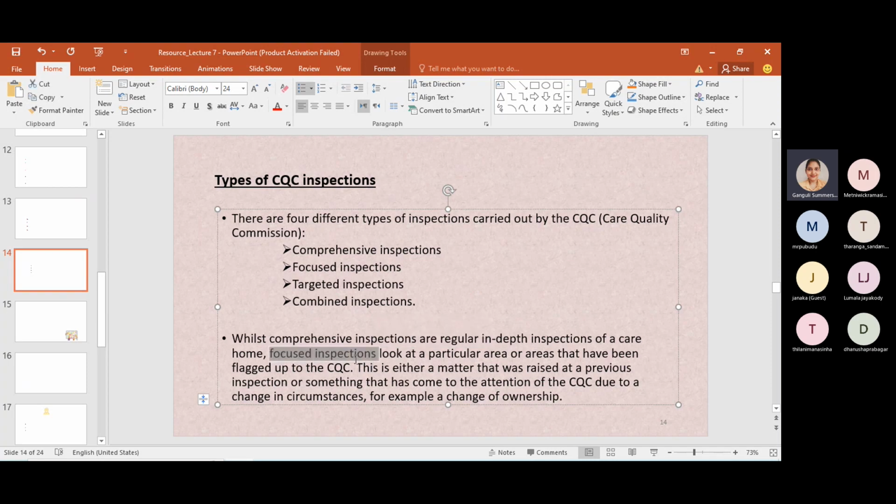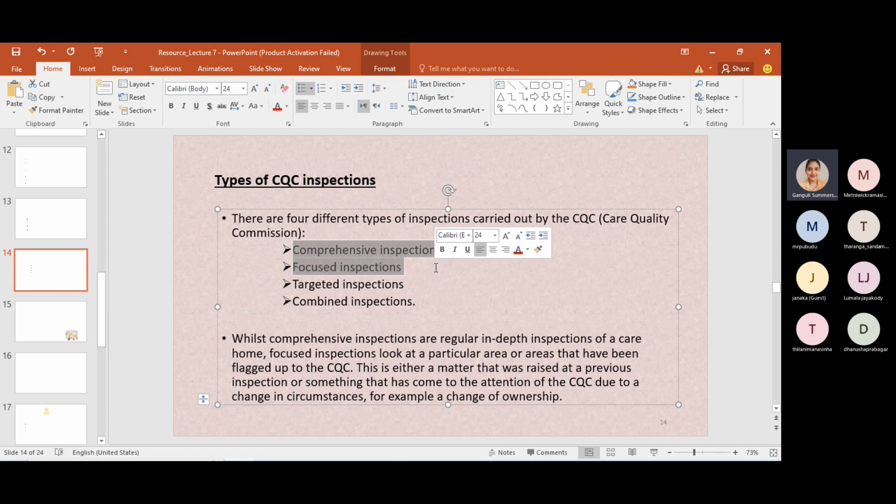In focused inspections, you do not inspect things in detail. Instead, you look at a particular area or areas that have been flagged up to the CQC. This is the main difference between comprehensive inspections and focused inspections.